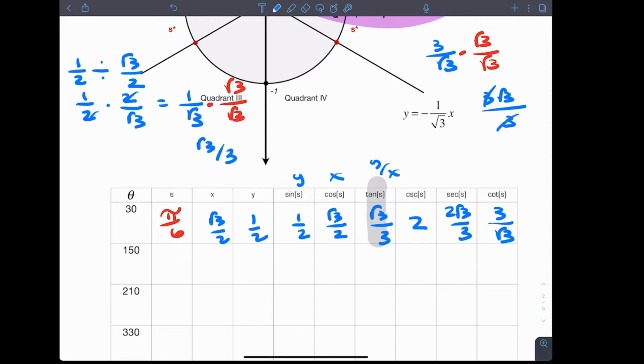And what is the answer? Is that the square root of 3? There you go.